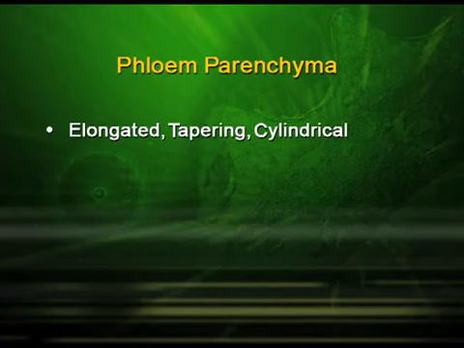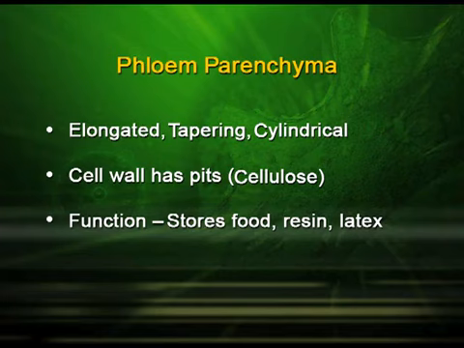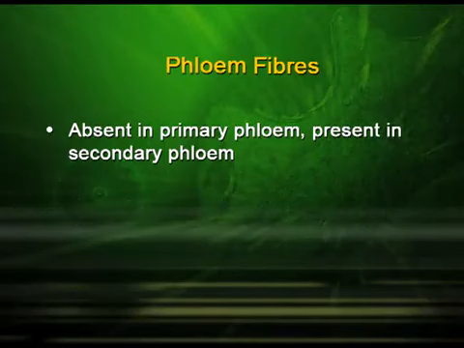Phloem parenchyma. They are elongated cells, tapering and cylindrical. The cell wall has pits and is made up of cellulose. Their function is to store food, resin and latex. Phloem fibers. They are sclerenchymatous cells. They are absent in primary phloem but present in secondary phloem.